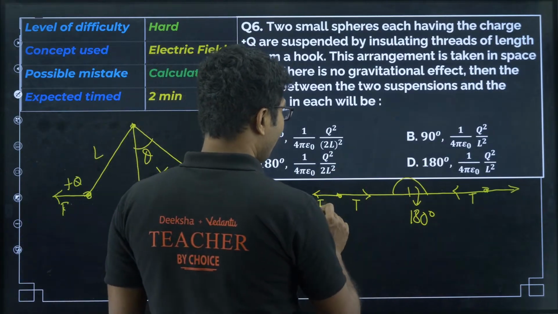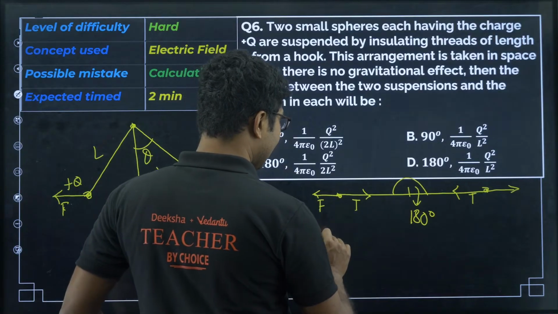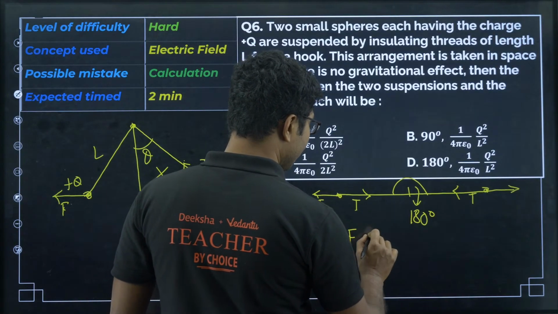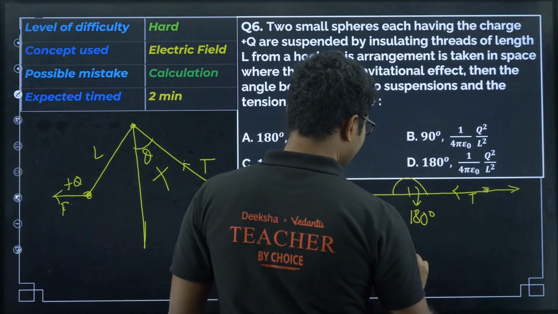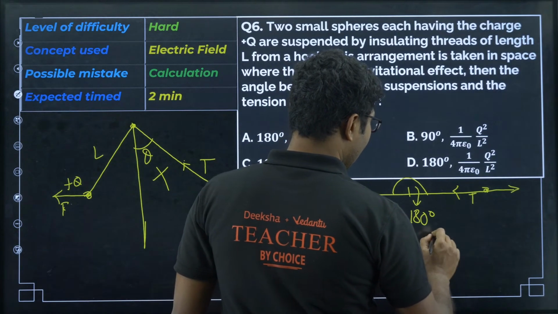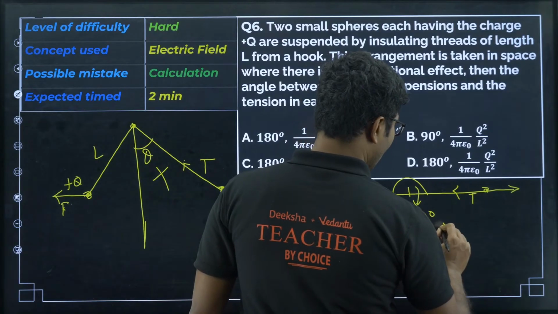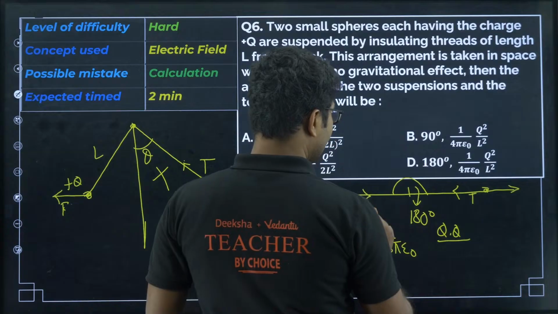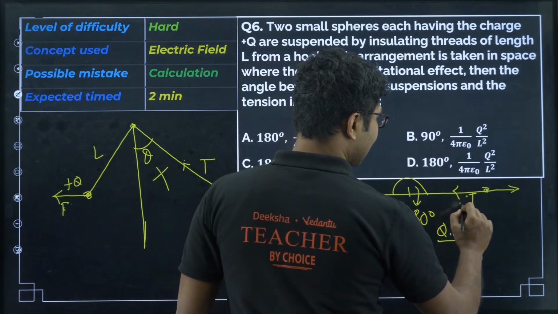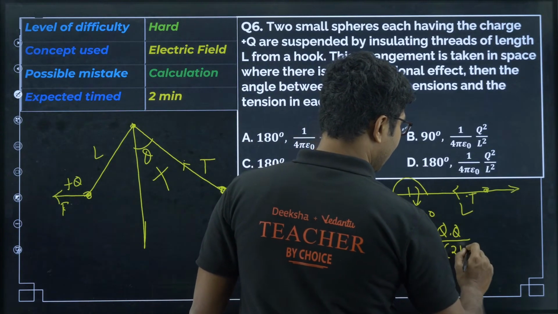Now the tension will be equal to the Coulomb force, that is 1 by 4 pi epsilon naught, that is K, Q1 Q2, where Q1 is Q and Q2 is also Q, divided by the distance, which is L plus L, so it will be 2L whole square.